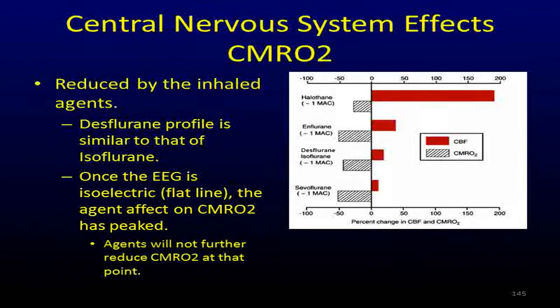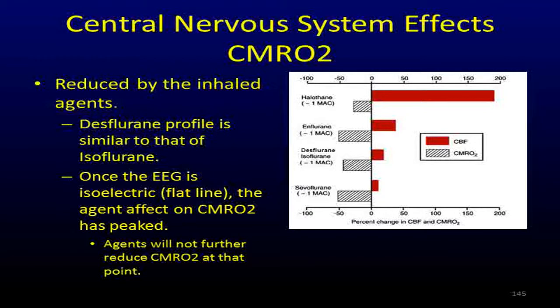Think about what that does for the neuro patient. That's a good thing. You're providing substrate and decreasing the need for that substrate. And you're increasing your cerebral perfusion pressure by decreasing cerebral vascular resistance.